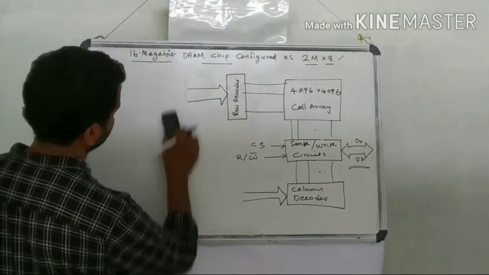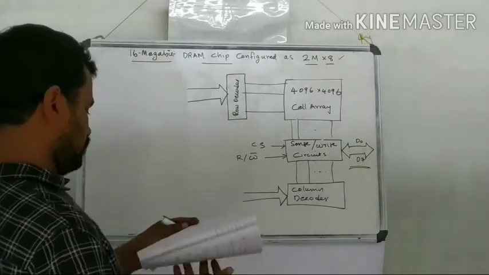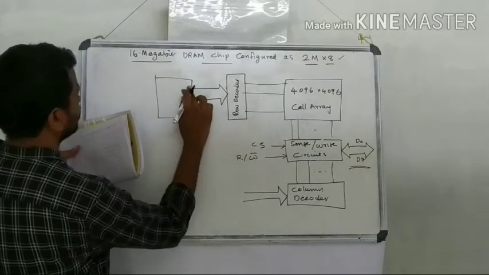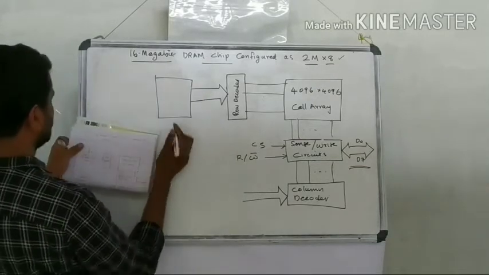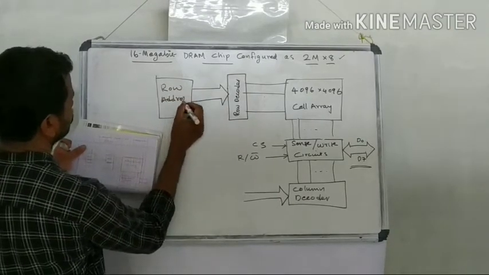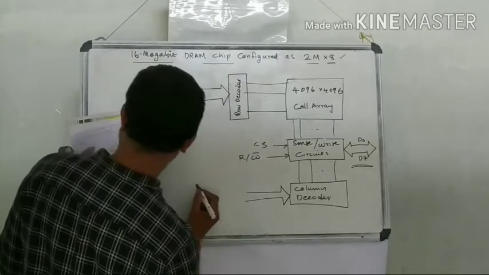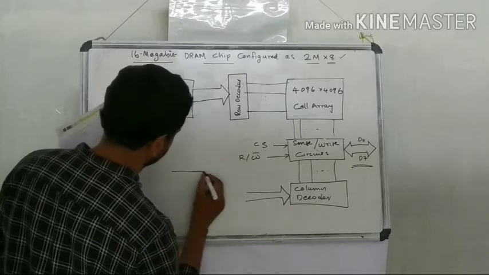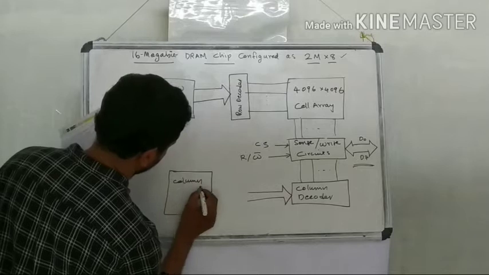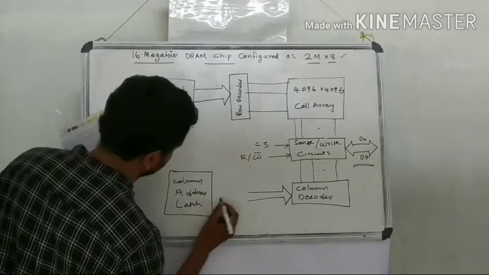For that purpose, we will use another unit, a row address latch and a column address latch.